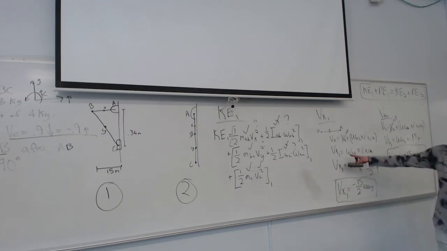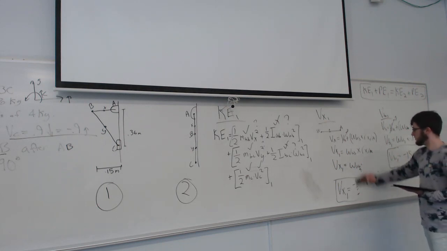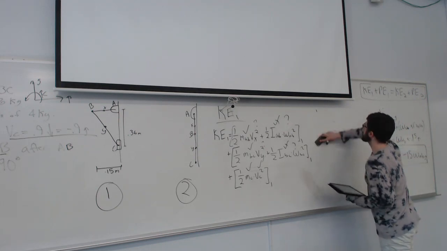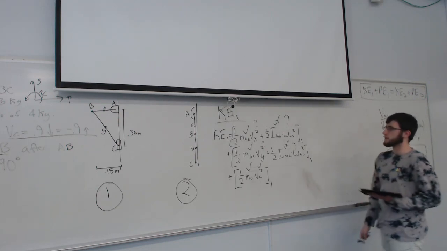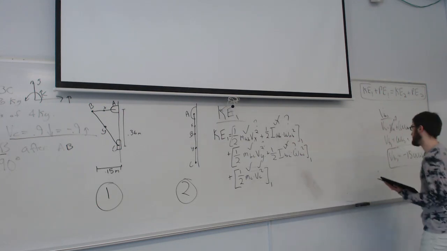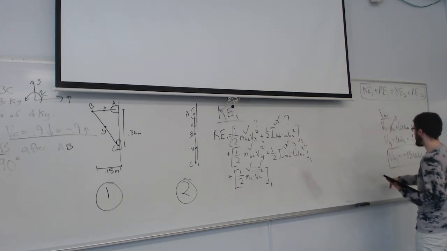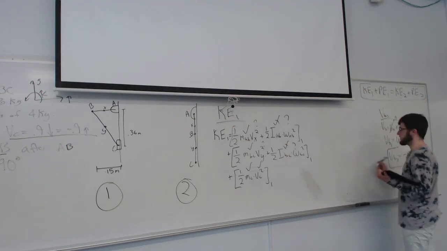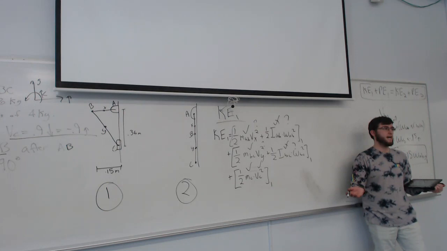Is everyone good if I erase this? So it seems like if I figure out the angular velocity of AB, I would be able to figure out a lot more stuff, because the past two things I've done, I've gotten it simplified all the way down until it's just the angular velocity of AB times some number, right?